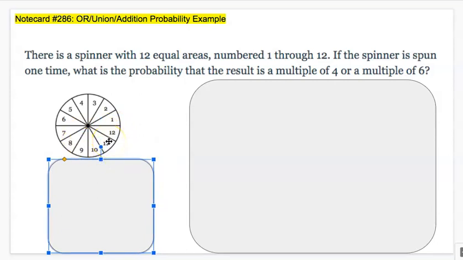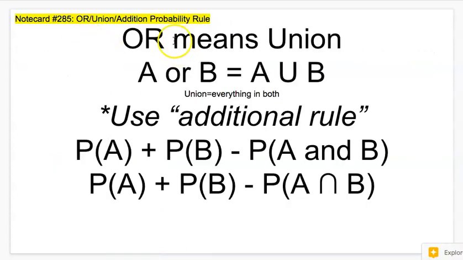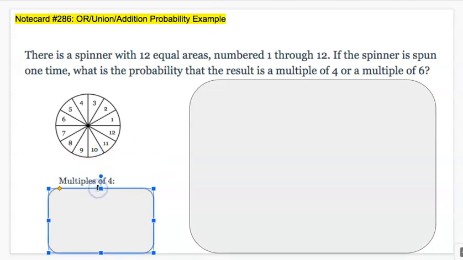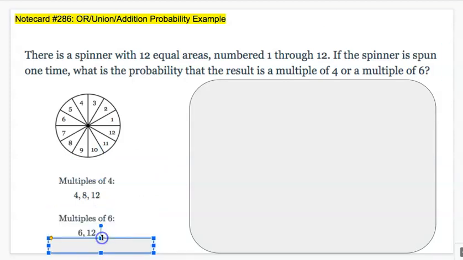If the spinner is spun one time, what is the probability that the result is a multiple of 4 or union a multiple of 6? So first of all, we need to find multiples of 4. So 4, 8, 12, okay? And then what are the multiples of 6? So 6 and 12. And that's it on that spinner, okay?